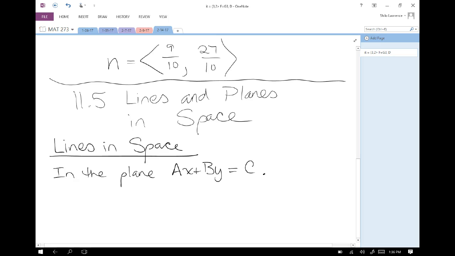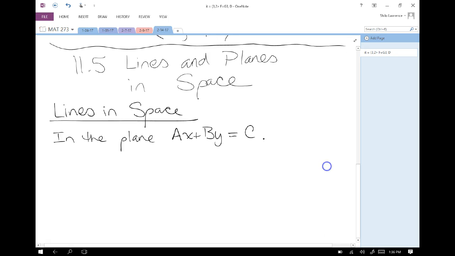In space, we can't do that because there are 3 variables, and they can all change independently and still form a line. The slope in the x direction could be completely different than the slope in the y direction and the slope in the z direction, and it could still be a line.